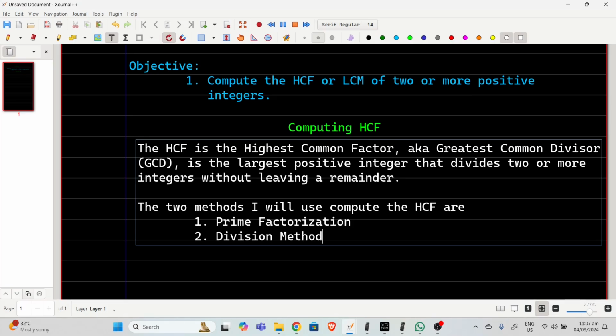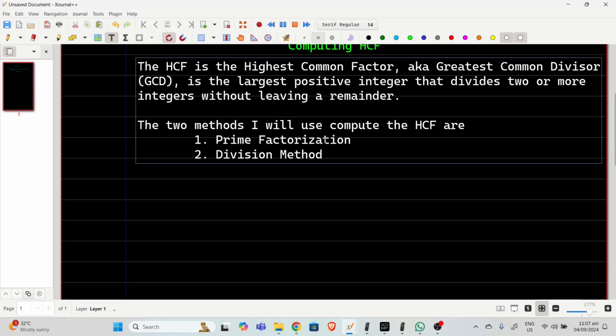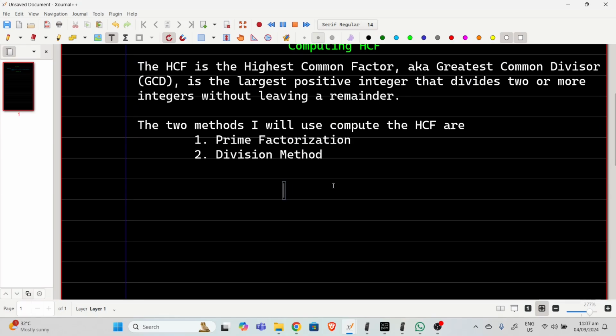And I'm going to explain both of these methods so that you'll be able to have an understanding of both methods, and you just simply choose the method that you find is best. However, my personal preference is the one with prime factorization. Your choice is yours.